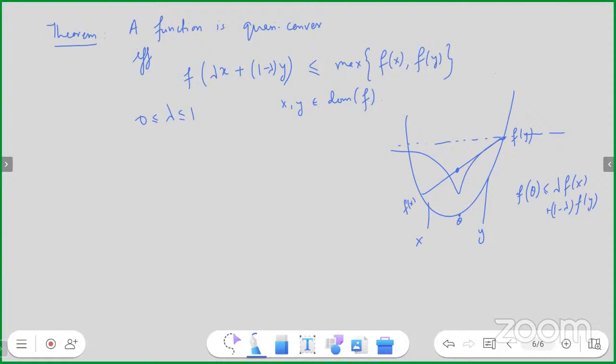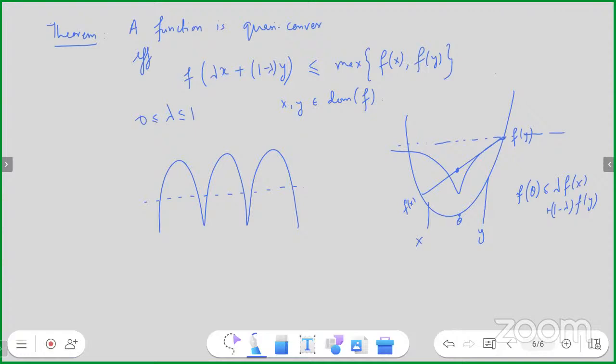No. Well, what about a function of this type? Is this quasi-convex? The set where f of x is less than or equal to alpha will have a lot of pieces, so they're not contiguous, they're not convex. So this is still not allowed. But this is now allowed.